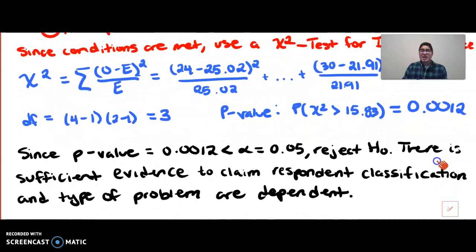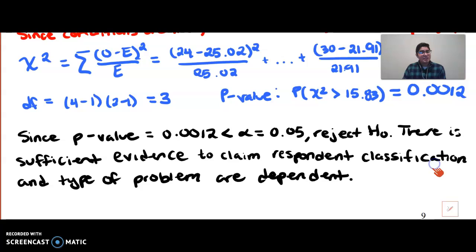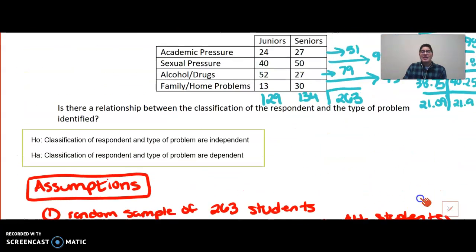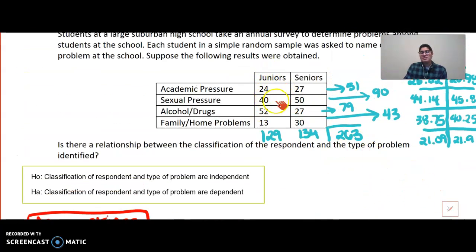And since our p-value is less than our significance level alpha, we are going to reject the null hypothesis, which means there's sufficient evidence to claim respondent classification and type of problem are dependent. And now to figure out where that association exists, I could graph these with the segmented bar chart and see which social issues tend to be highest, and also what the difference is per social issue between the juniors and the seniors.